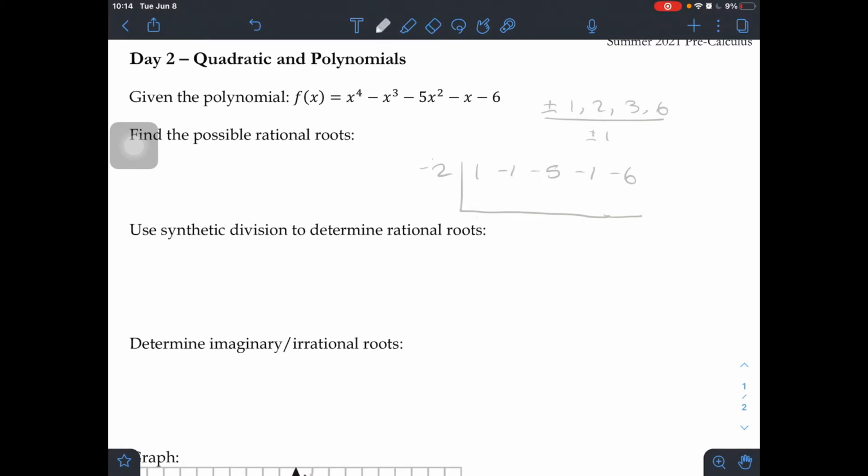Now if we try negative 2, we have it like this, 6, 1. So still no remainder of 0. Let's just keep trying until we get something that has a remainder of 0.